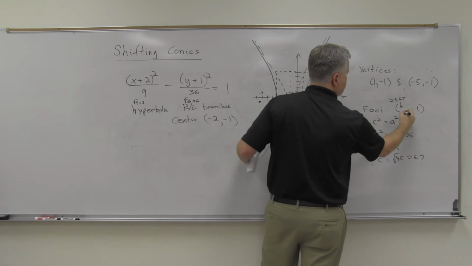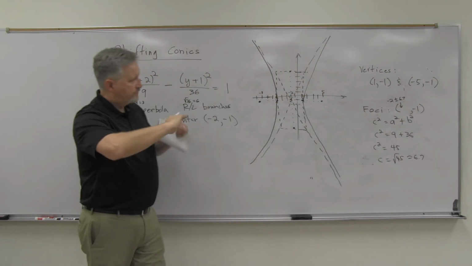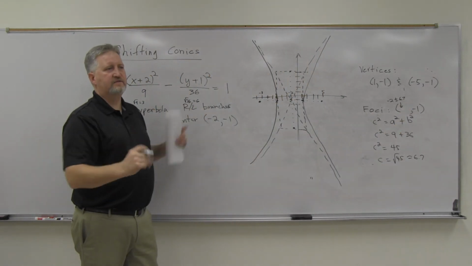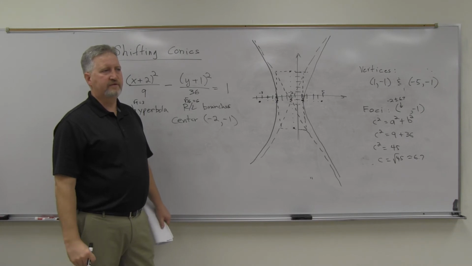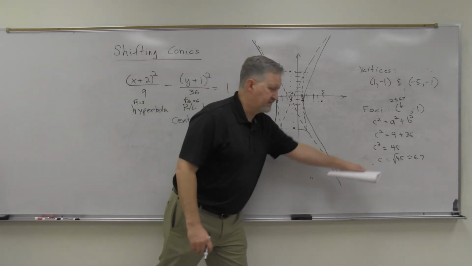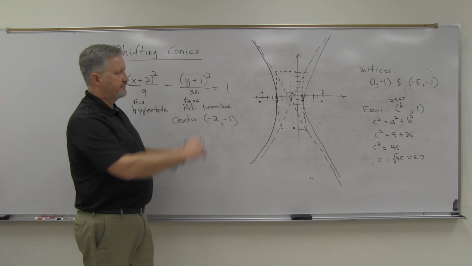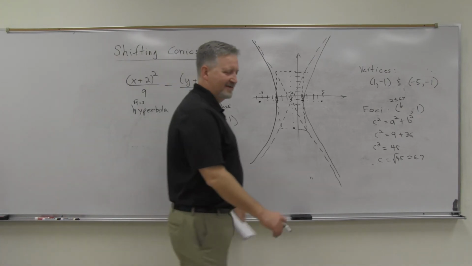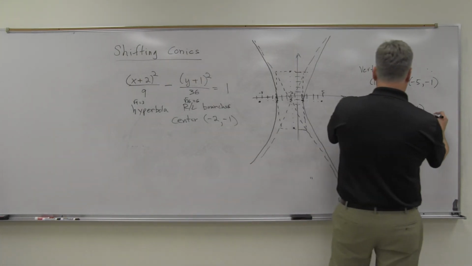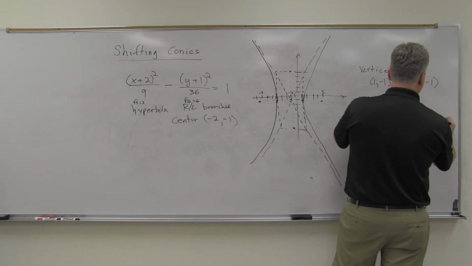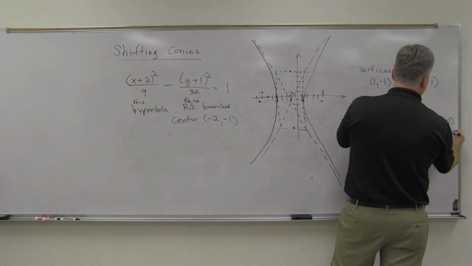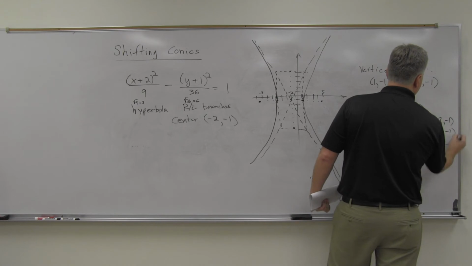Whichever way you go out, you add or subtract c to get the value. Or you can look at the graph and figure it out that way too. So that gives you -8.7, -1, and then -2 plus 6.7 is 4.7, -1. Those are my foci right there.